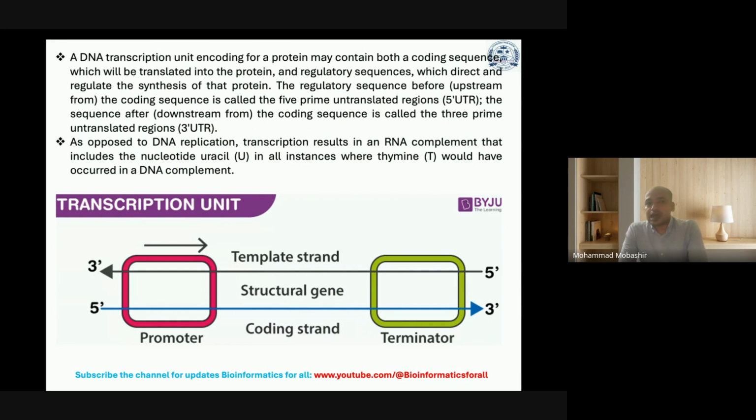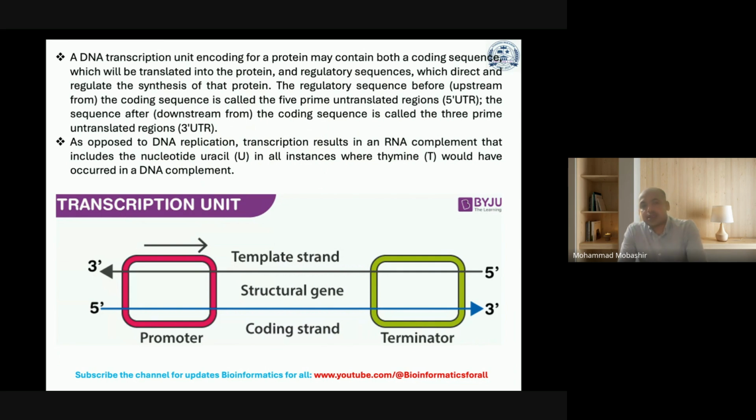And the sequence after, downstream from the coding sequence, is called the 3' untranslated region or 3' UTR. As opposed to DNA replication, transcription results in an RNA complement that includes the nucleotide uracil in all the instances where thymine would have occurred in a DNA complement.